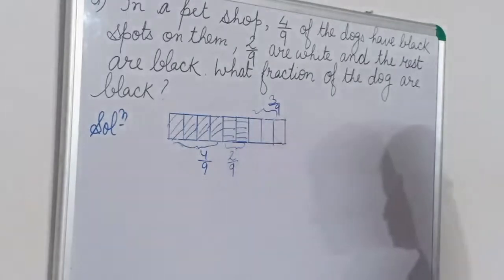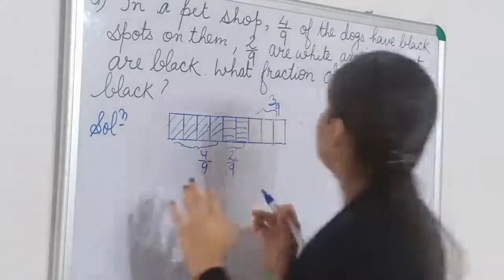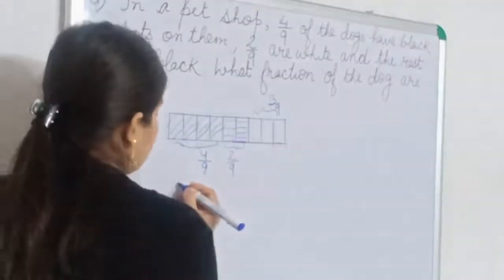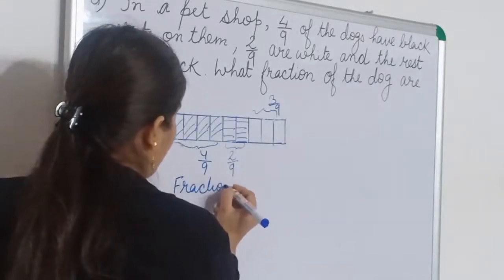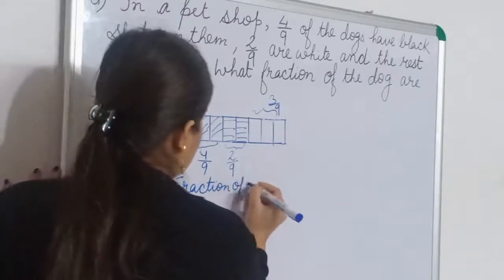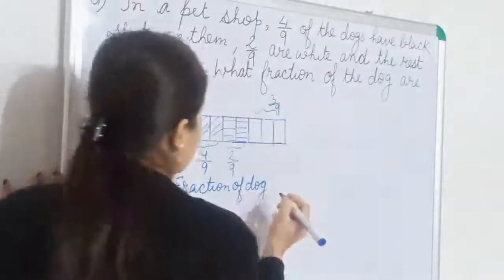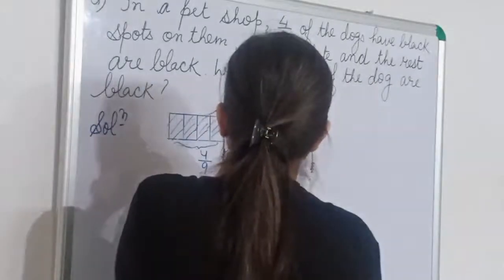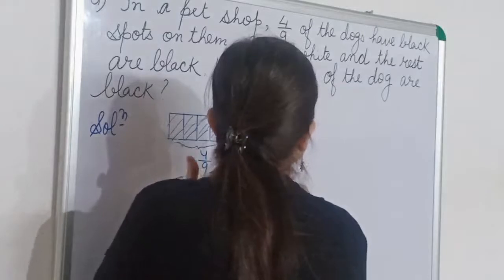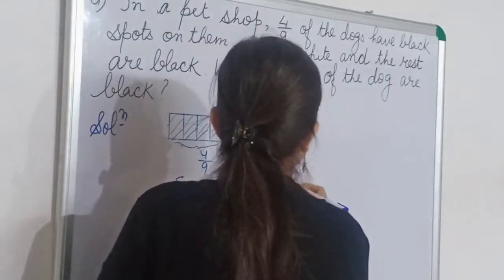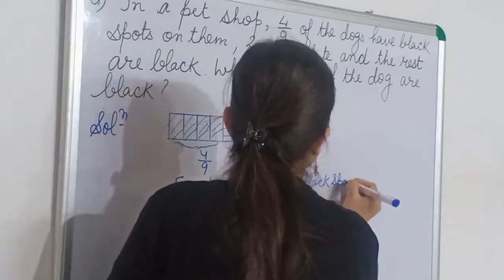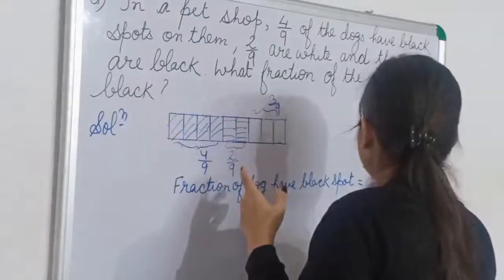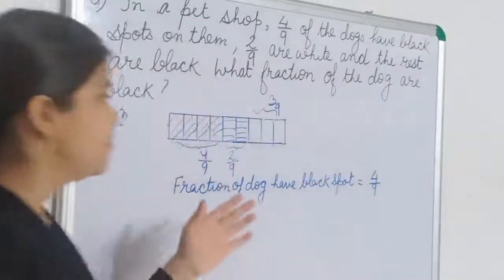Now we will solve it. We will show the solution. First of all, we will write the fraction of dogs. These 4 by 9 are the dogs with black spots.